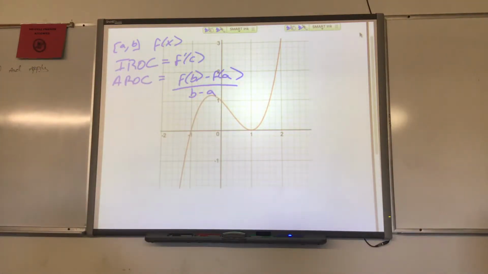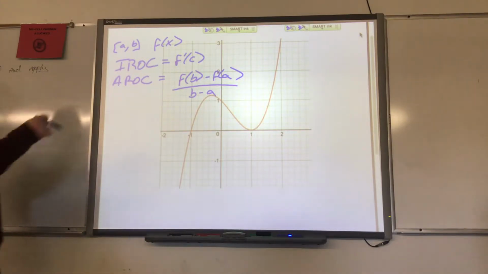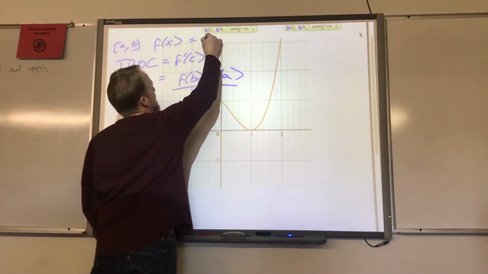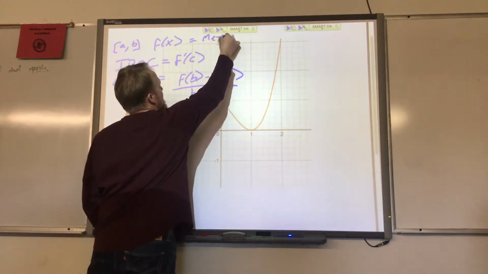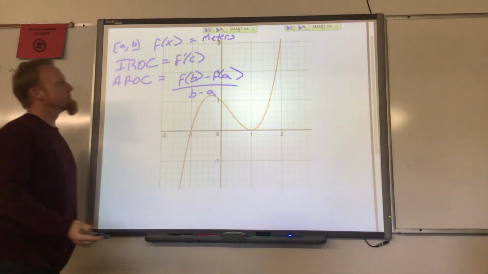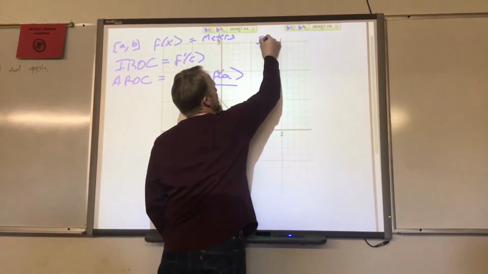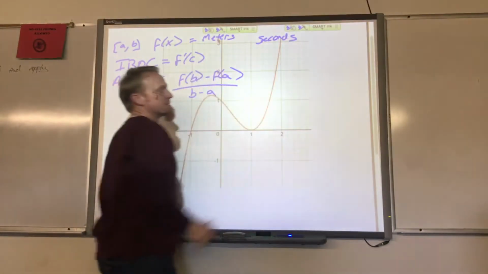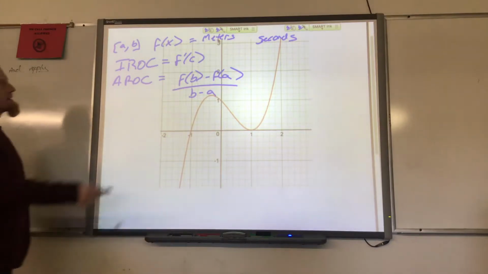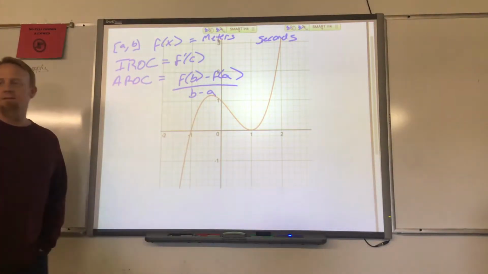Let's use some units. Let's say my units for F are meters, and the independent variable is seconds. So what would my units be for F prime of C?